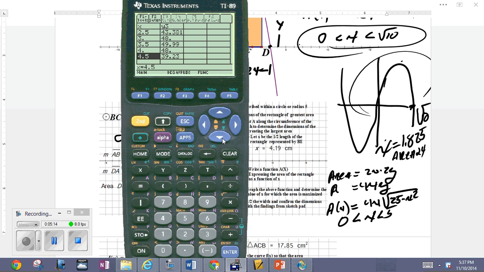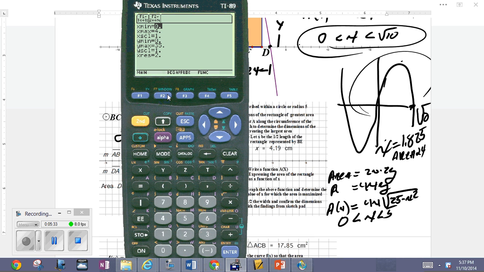At 5 it is 0, but somewhere in there it peaks out. About 3.5 looks like maybe it peaks out. So we'll run our x values from 0 to 5 and our y values up to 50.